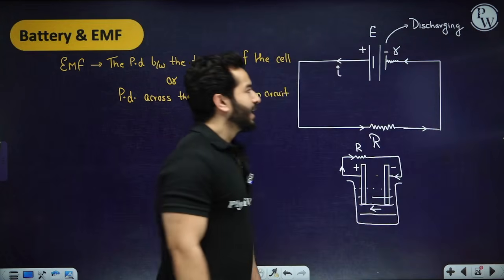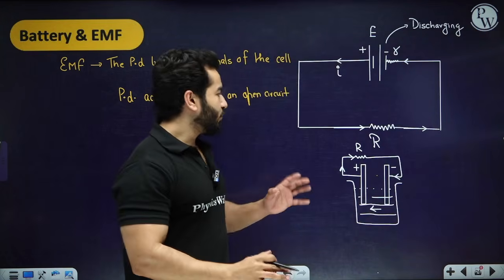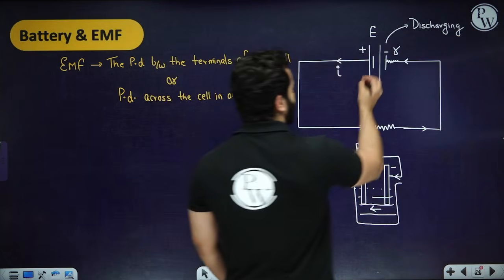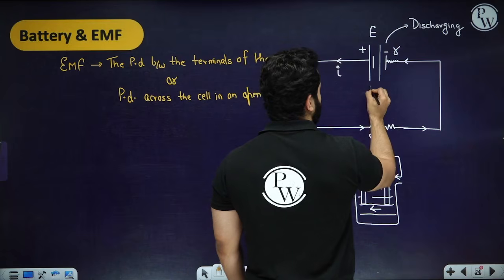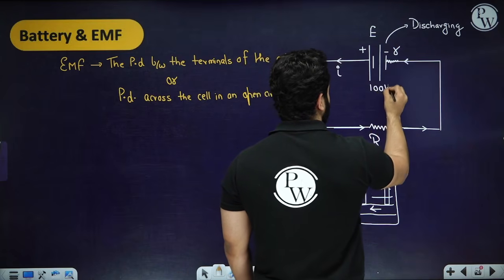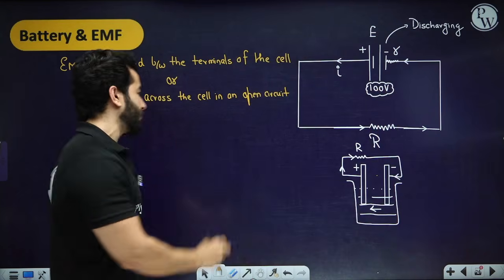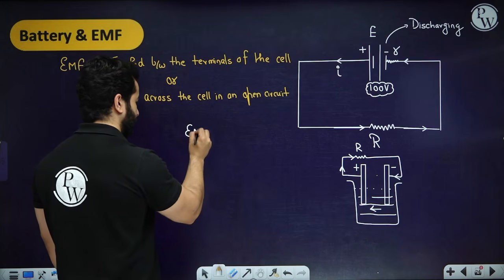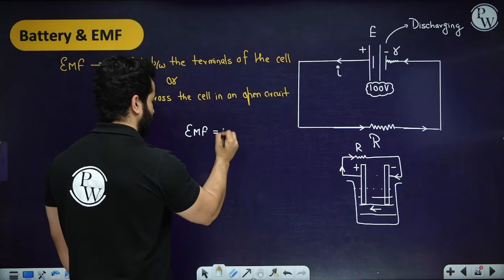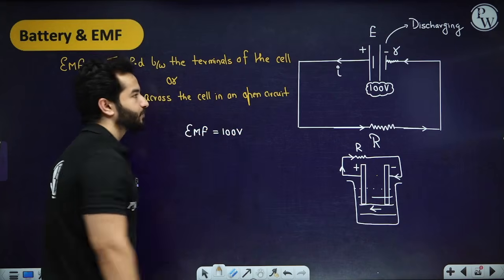Next, let's suppose the potential difference between these two electrodes is, let's say, 100 volt. So 100 volt becomes the EMF of the battery. Right?